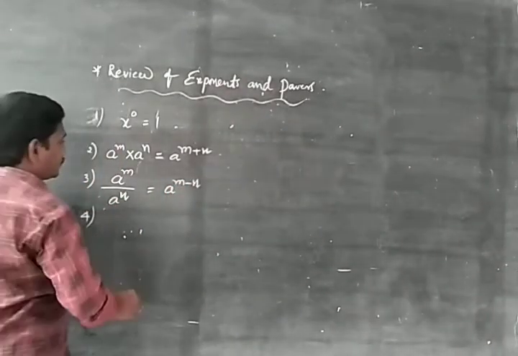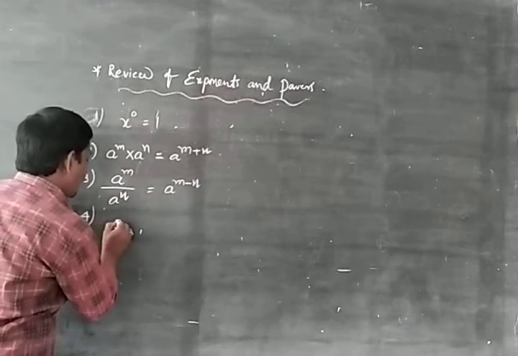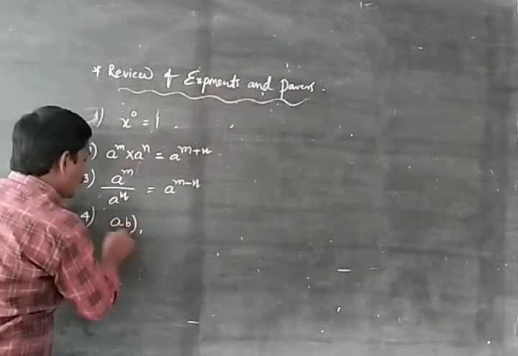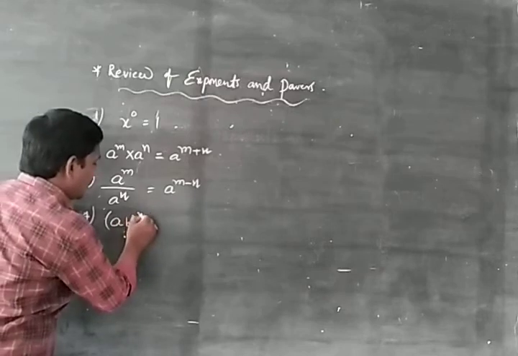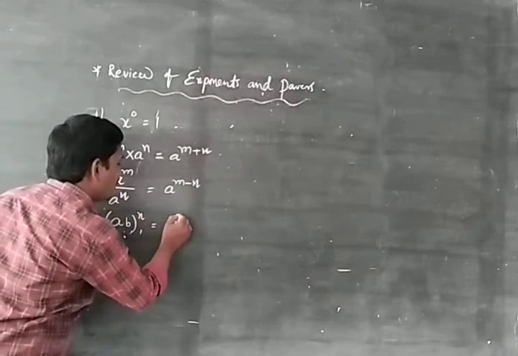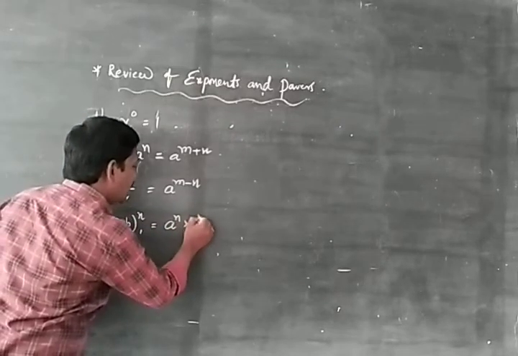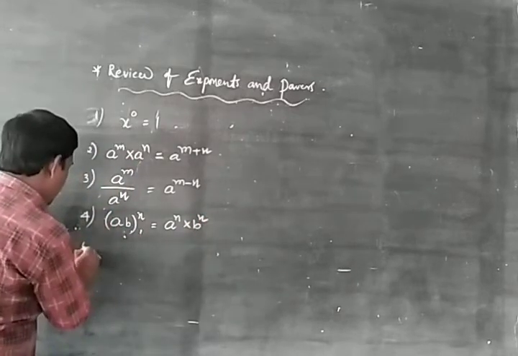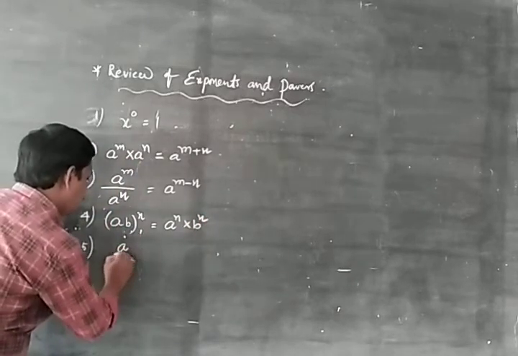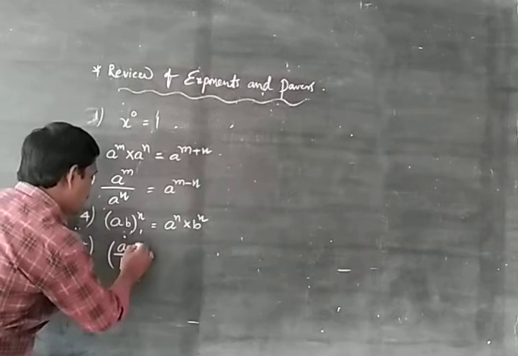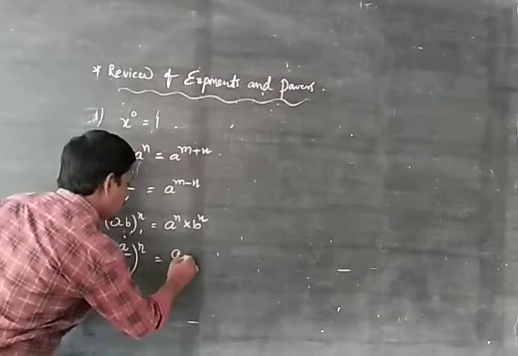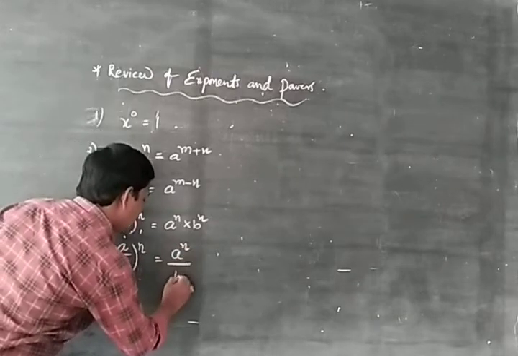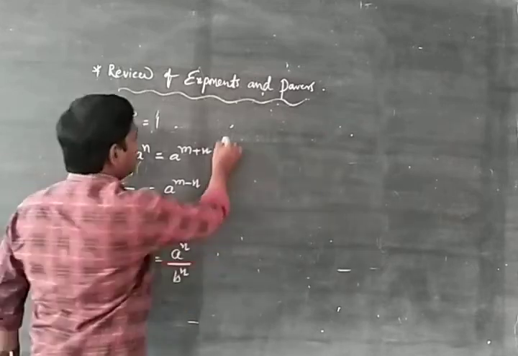And (ab) whole power n equal to a power n into b power n. And (a by b) whole power n equal to a power n by b power n.